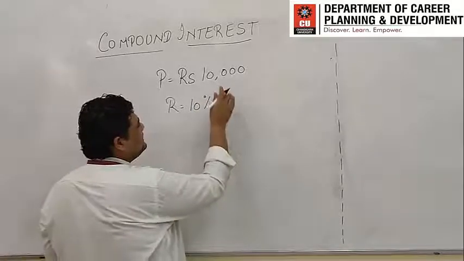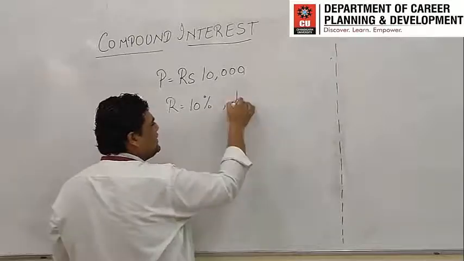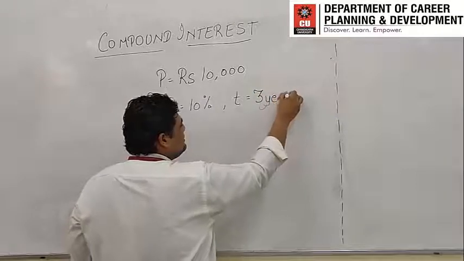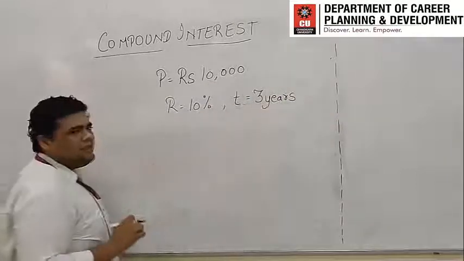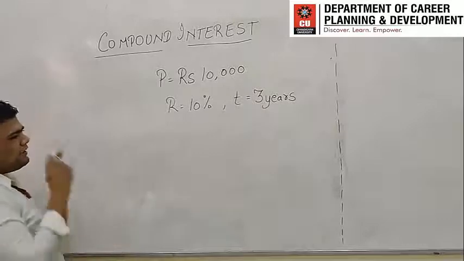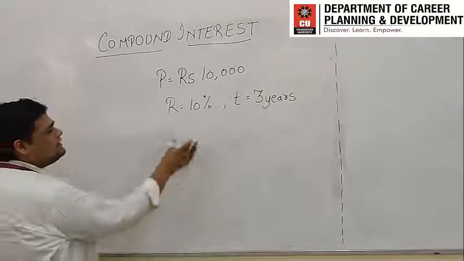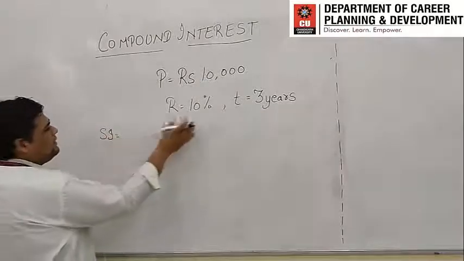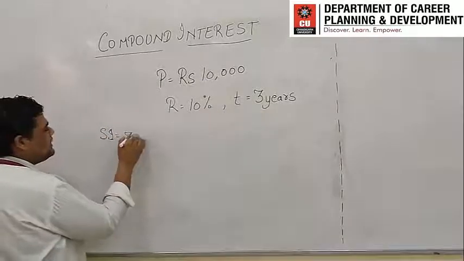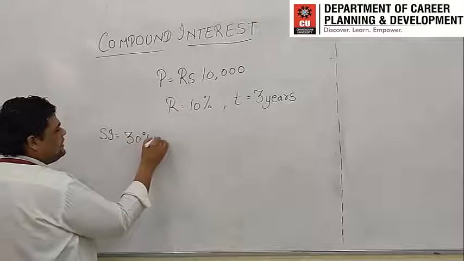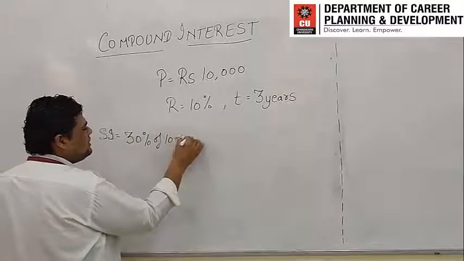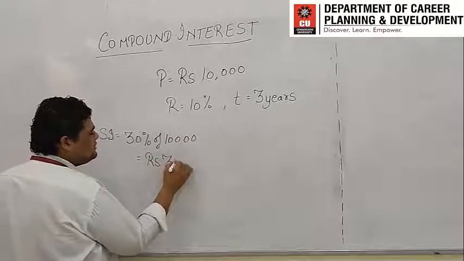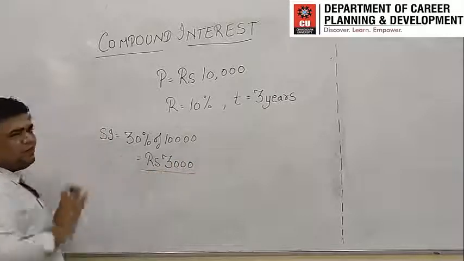Now if I invest this rupees 10,000 for the time of 3 years, everyone knew how to calculate the simple interest. Just 10% for 3 years total. So the SI will be 10% for 3 years, total 30% of principal. 30% of 10,000 will be your SI. This will definitely come out to be rupees 3,000. This is the simple way to calculate the SI.